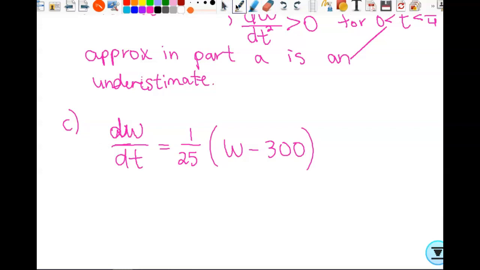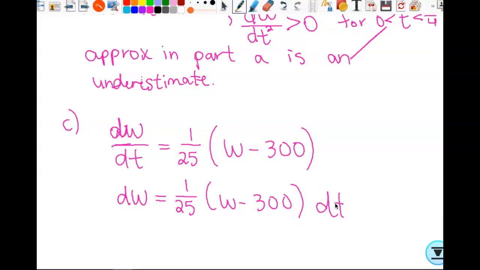And if you look at rubrics, you'll see that if you mess up on that first step, you're out of it. If you don't separate legally and correctly, then they won't look at anything else you do. So I usually take the time to just separate the differentials first. So I multiply by the differential in the denominator, and then I take a look at what I need to do next.